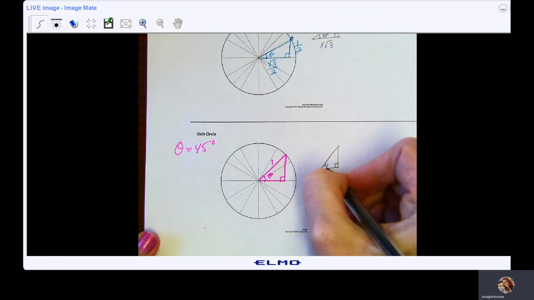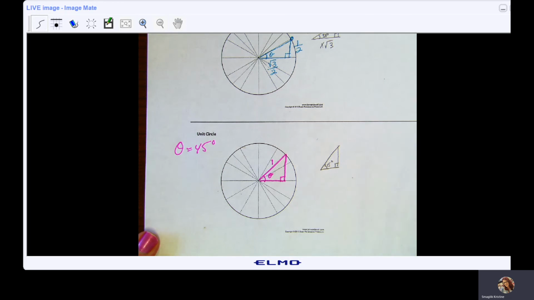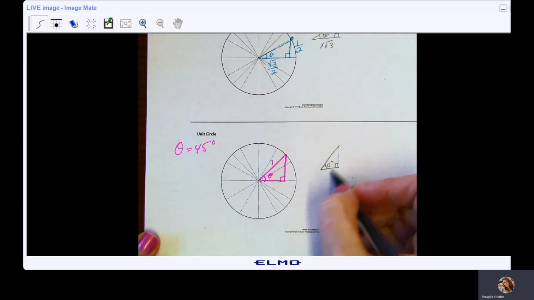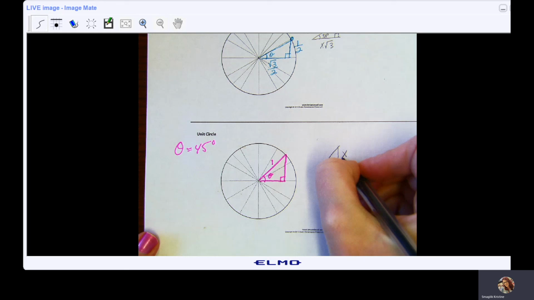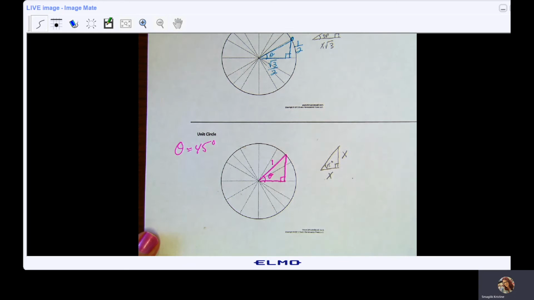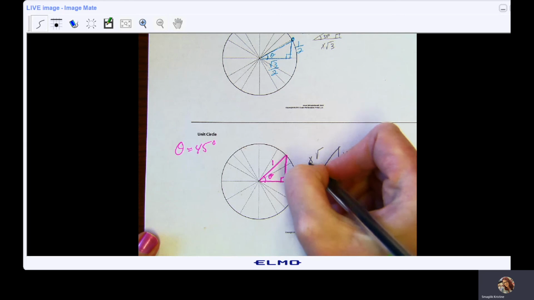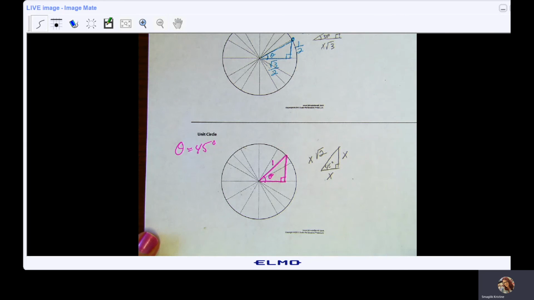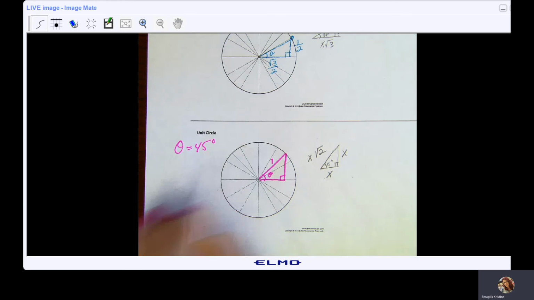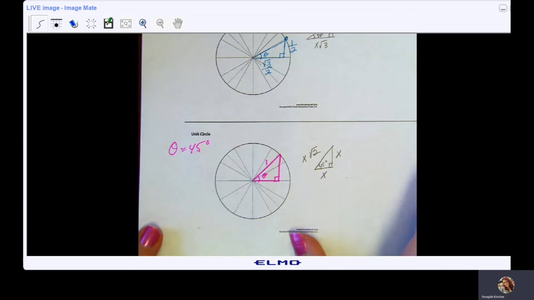In a 45, 45, 90 degree triangle, your sides are congruent, the legs are congruent, and the hypotenuse is x times the square root of 2. And again, I know that my hypotenuse is 1.